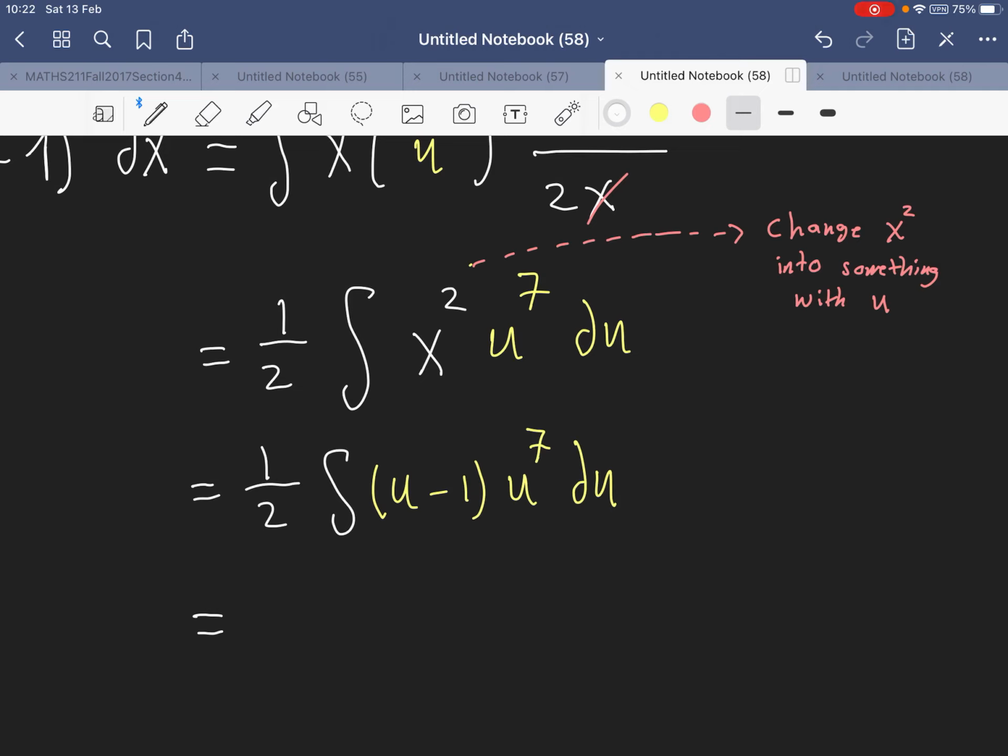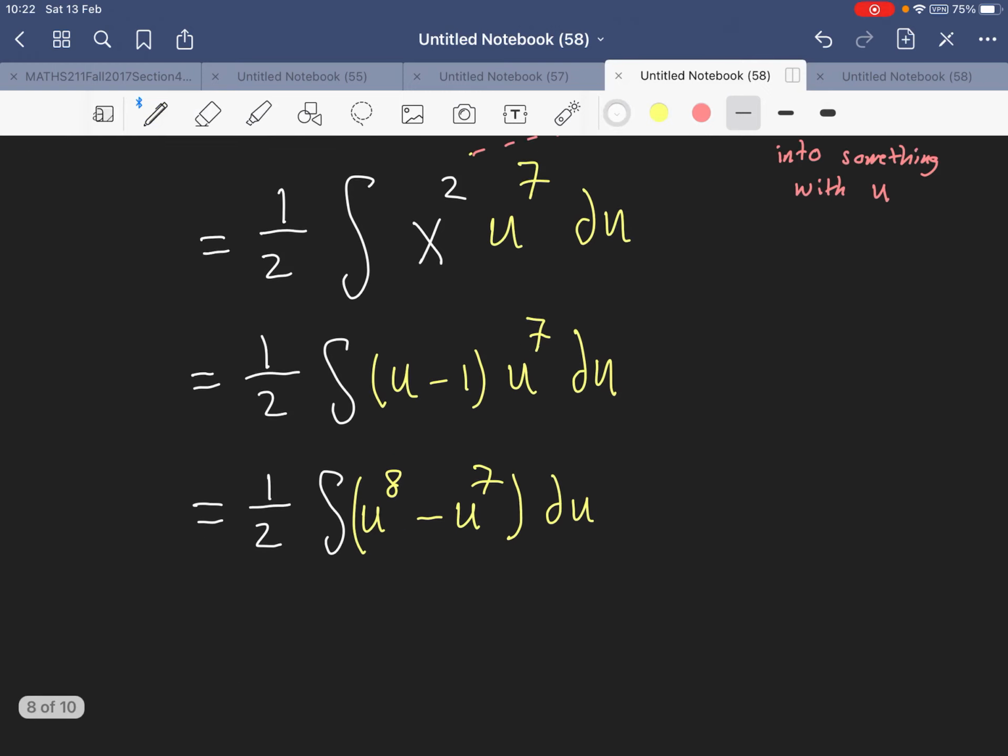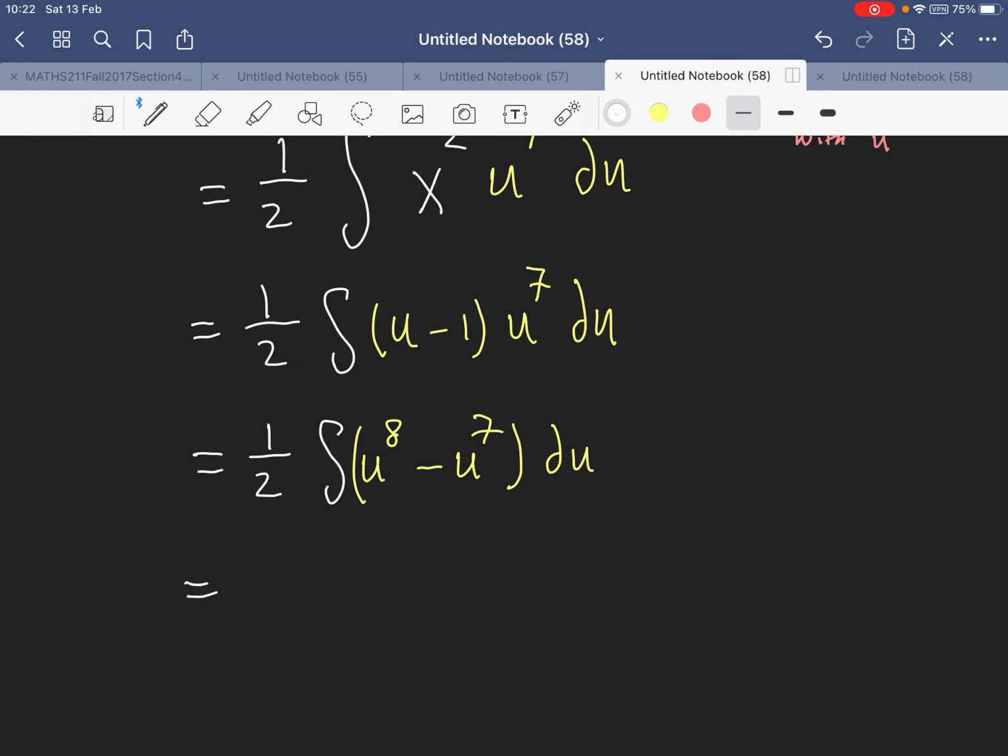And finally, it is 1 over 2 integral of u power 8 minus u power 7 du. And now this is a fairly straightforward integral.